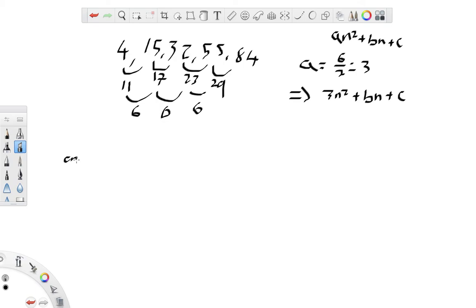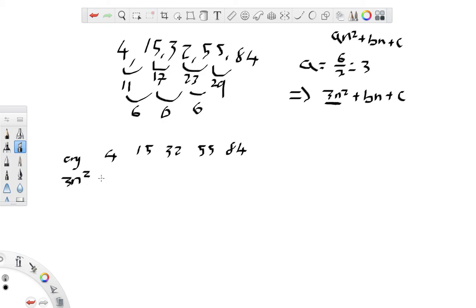So then we set up our little table. So the original sequence was 4, 15, 32, 55, and 84. Then we take this 3n squared part, and we have to find out the first, second, third, fourth, and so on terms. And again, why are we doing that? Because it will give us the bn plus c part. So if we take the 3n squared part away from the original sequence, it will give us what's left, which is the bn plus c part.